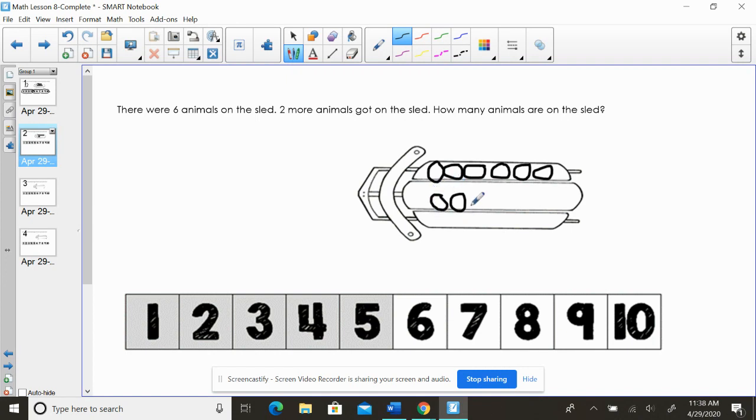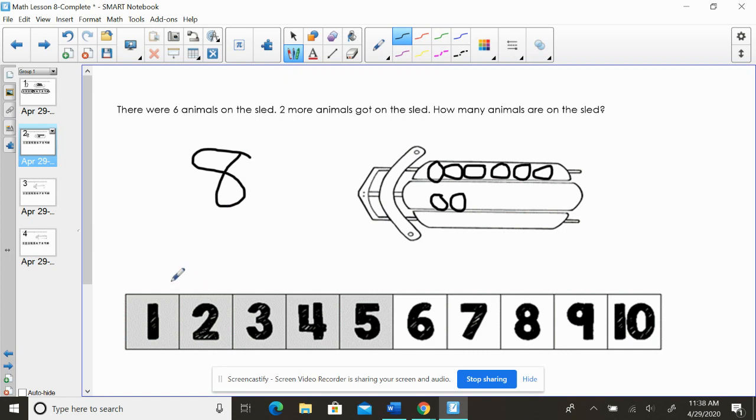We drew 2 more because 2 more animals got on. And now we have to count them all to find our answer. So let's count together. 1, 2, 3, 4, 5, 6, 7, 8. There are 8 animals on the sled.